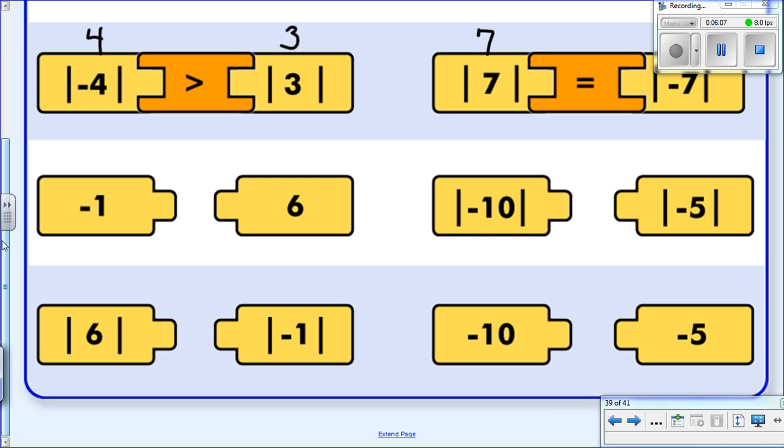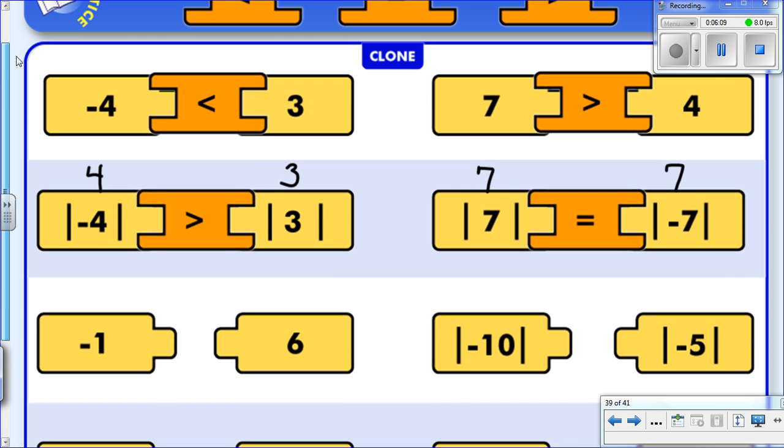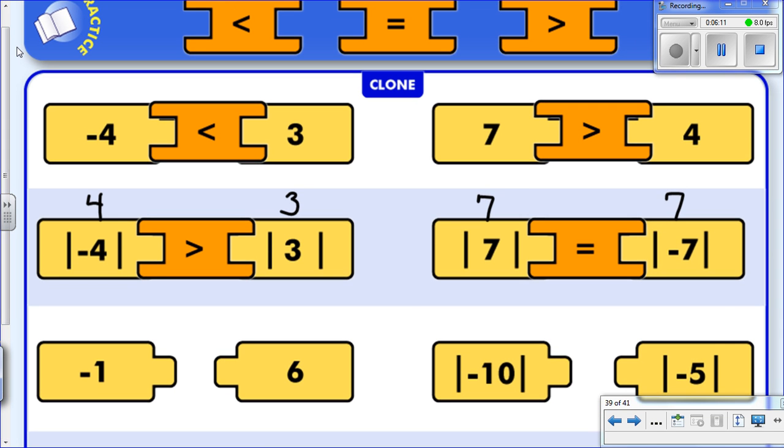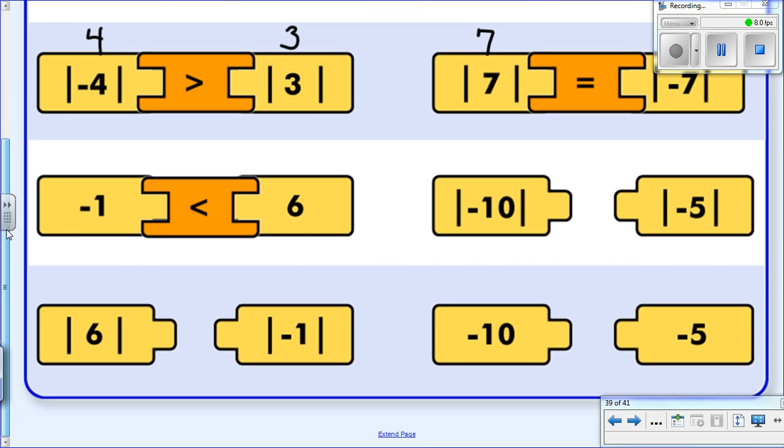Now here we have negative 1 and 6. All negative numbers are less, so negative 1 is less than 6. So let's take a look at it at the bottom. Now we have the absolute value of 6, which is 6, and the absolute value of negative 1, which is 1.